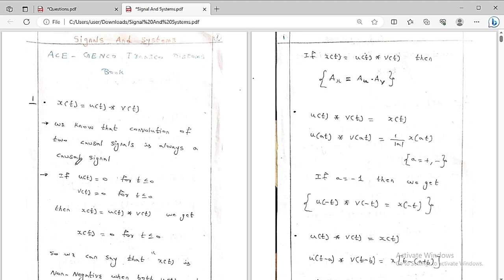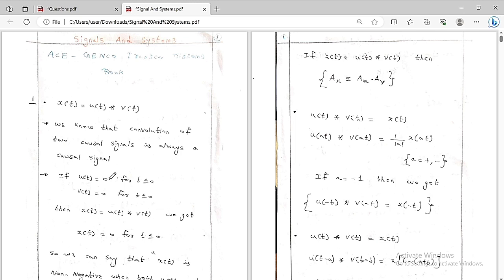What is the meaning of this? Suppose u of t is equal to 0 for t less than or equal to 0 and v of t is equal to 0 for t less than or equal to 0. That means u of t is a causal signal and v of t is also a causal signal. Then x of t is equal to u of t convolution of v of t, and x of t is equal to 0 for t less than or equal to 0.